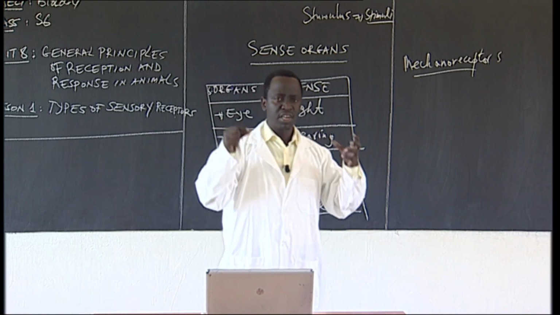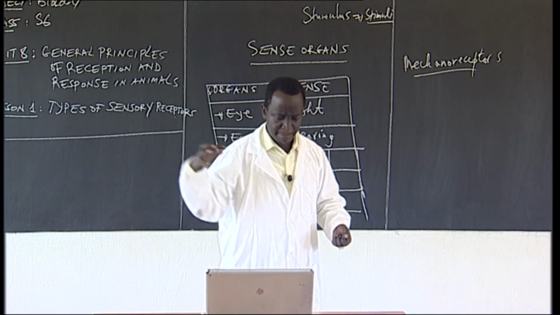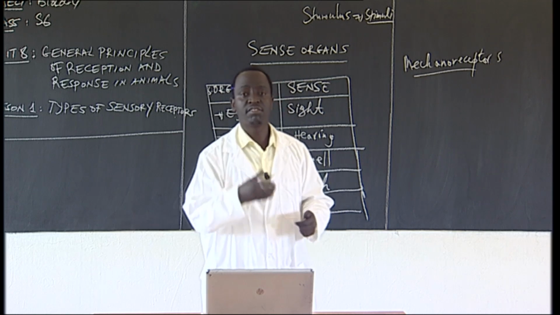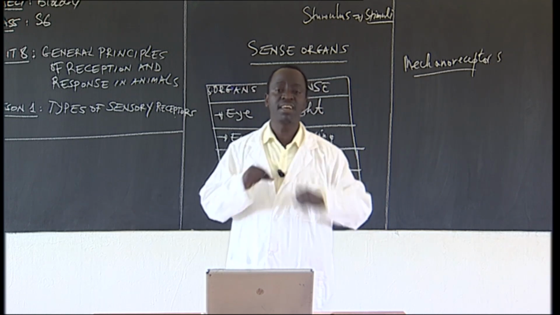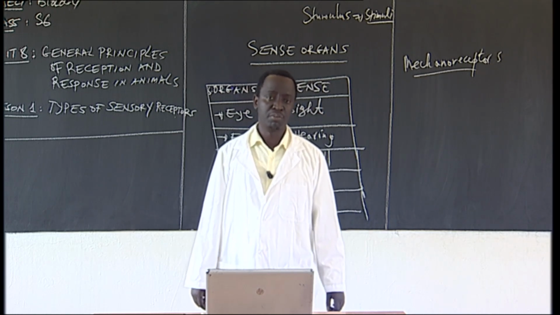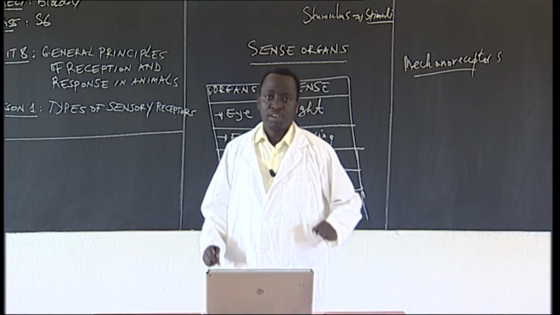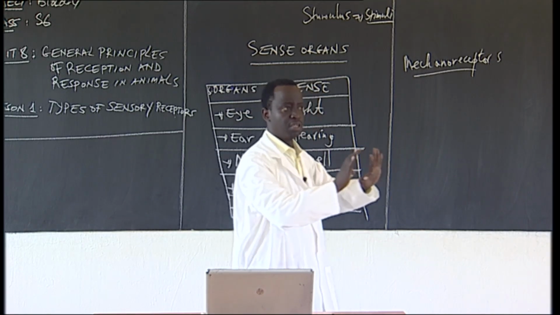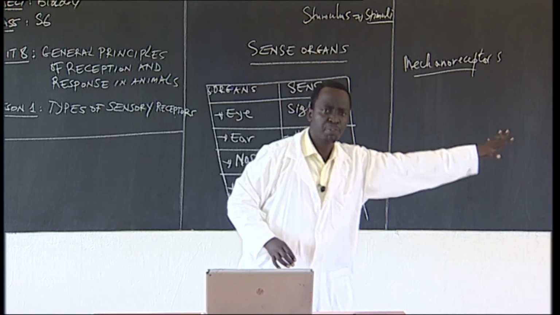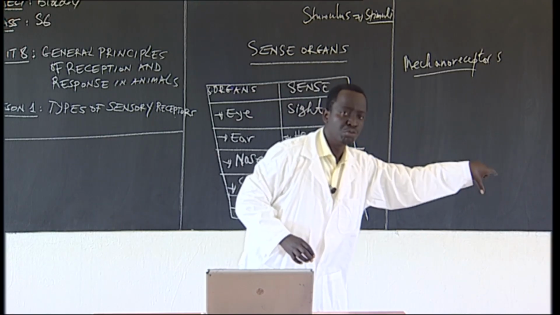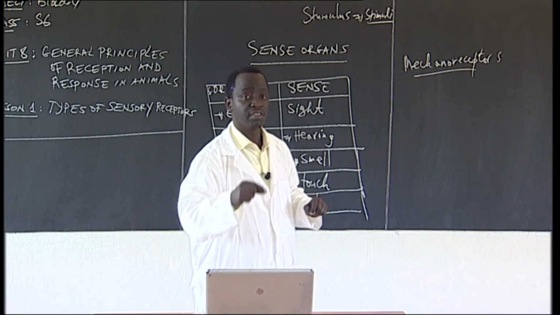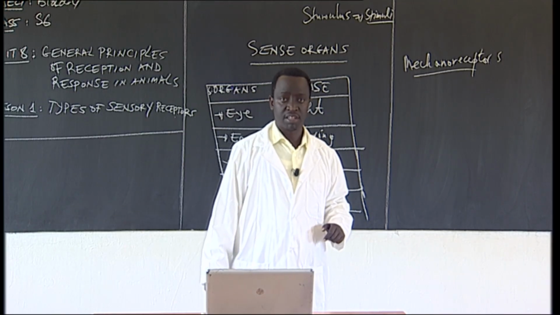So what can detect that? That is mechanical. To detect that, we have what you call mechanoreceptors. Someone can press you, and you feel the pressure on you. The receptors that can detect that are mechanoreceptors.